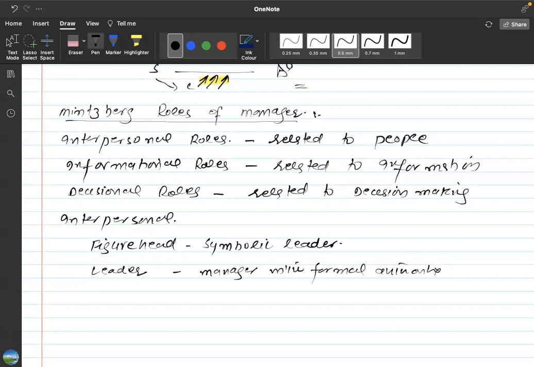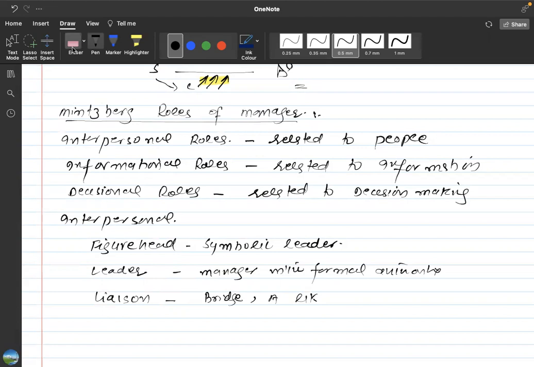Then another role is liaison. Liaison means bridge, a link between the senior management and the junior management.